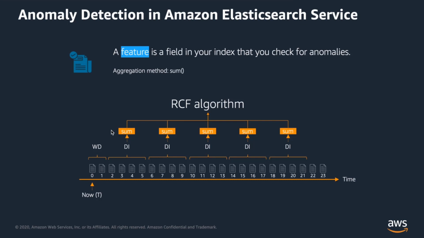To give you an example, this could be back to the example of the HTTP response codes, right? In every log entry, you might be reporting what's the HTTP response sent out for this particular request from the end user.